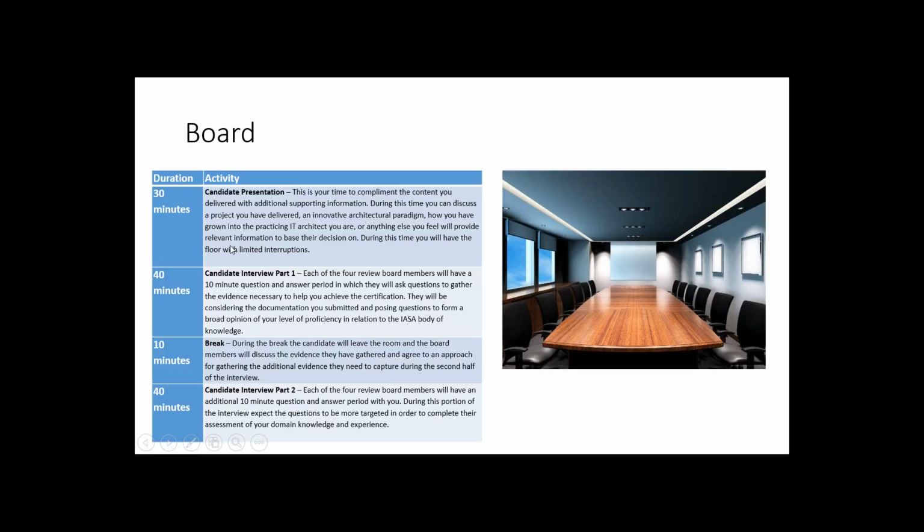Now, what is the board for CITA? You have 30 minutes where the candidate presents himself or herself in front of the board. Per my understanding, you will have one moderator who will moderate between you and the board members. And within the board members, you have 4 board members from different backgrounds.